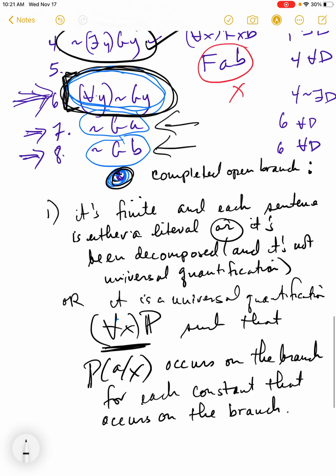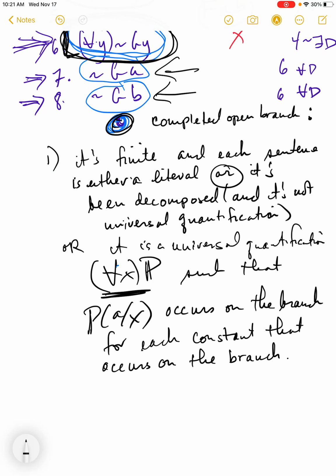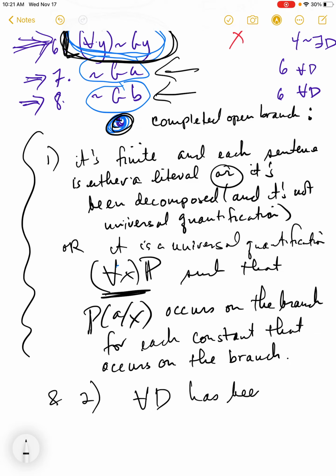So I have not GA and not GB. And that's what this says. And the second criterion is universal decomposition has been applied at least once.